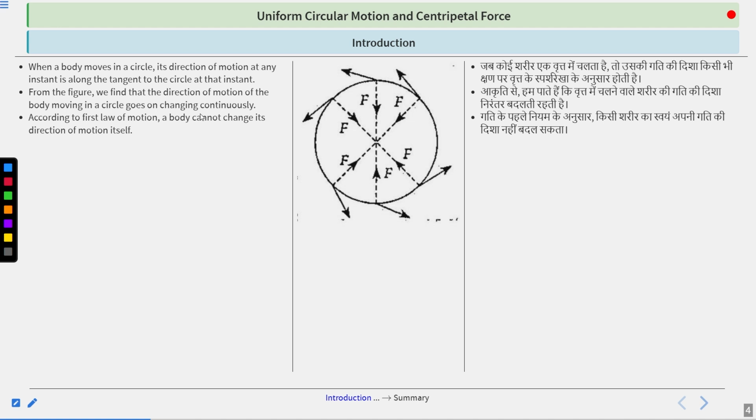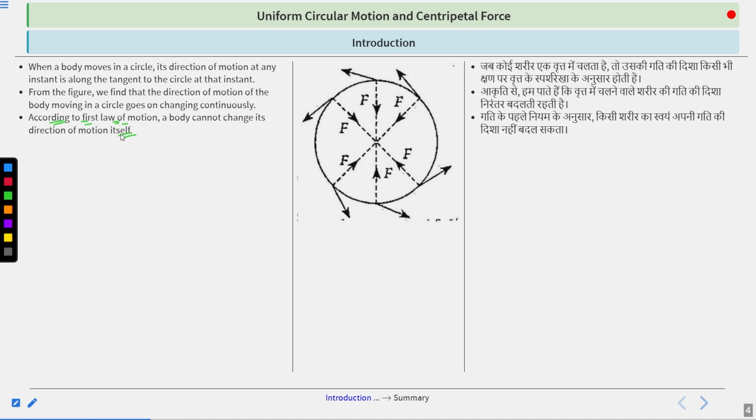So according to the first law of motion, a body couldn't change its direction of motion itself. Here the first law applies: by itself the body will not be able to change its direction of motion.